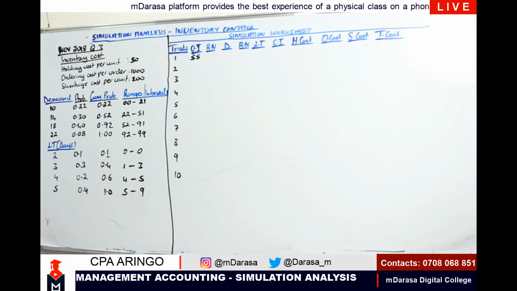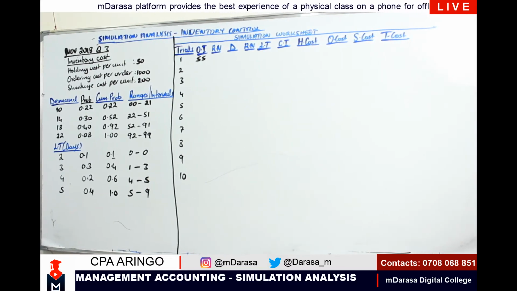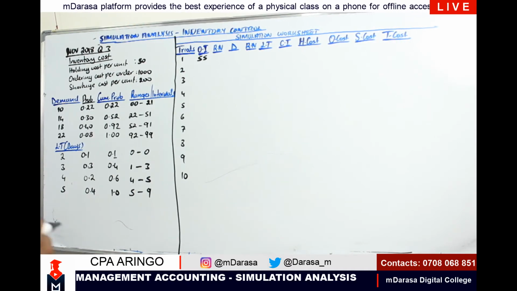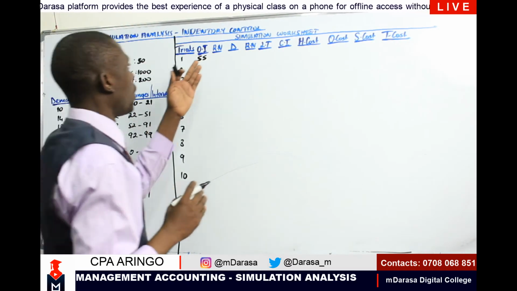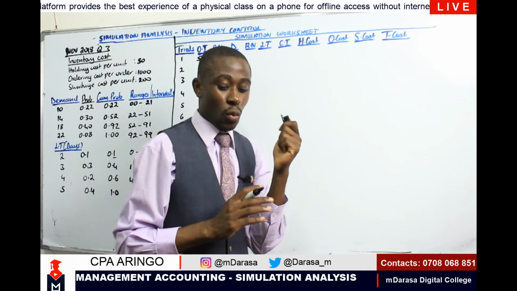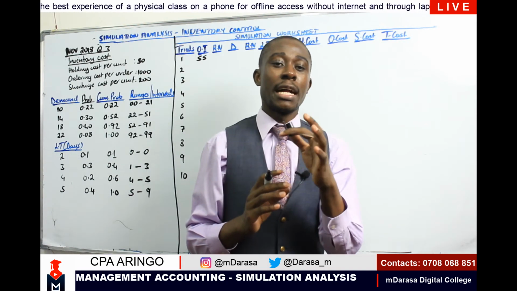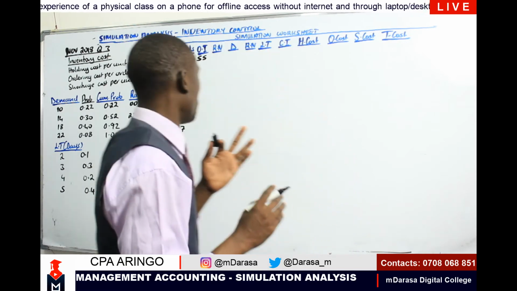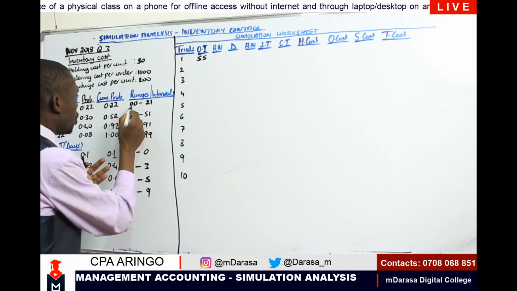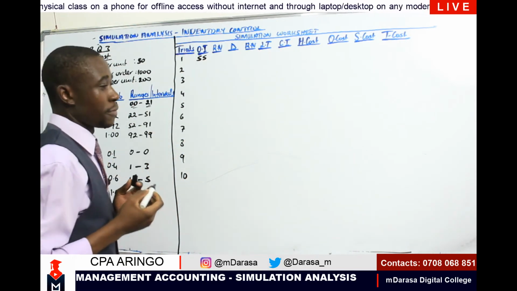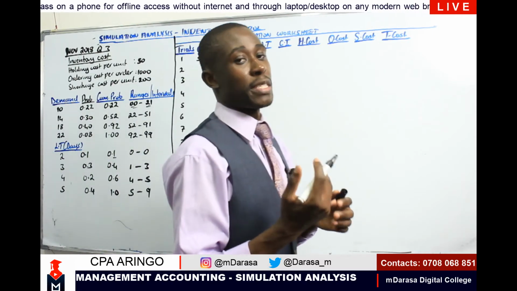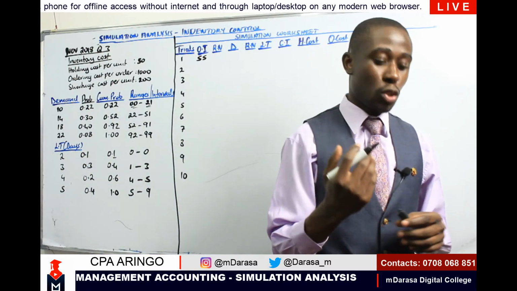Then the next step that we should do is what? Consider our first variable, which in this case was demand. What is the random number that you are going to take? Remember, for the first variable I had 2 digits. Therefore, the random number to select should be 2 digits.